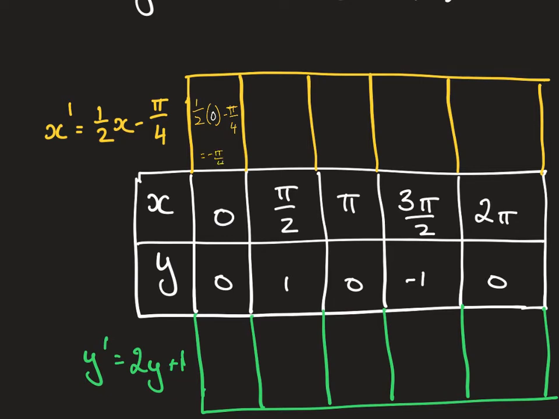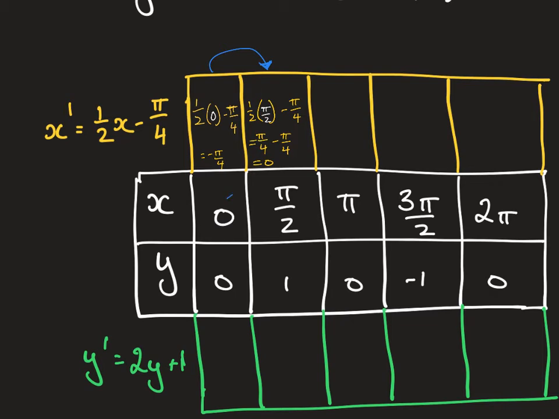We do the same with pi on 2, and that gives us pi on 4 minus pi on 4, which is equal to 0. Now this jump from one x value to the next x value is all we actually need to determine to be able to sketch our function.